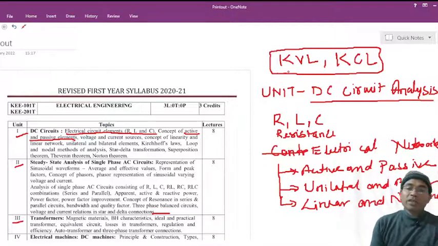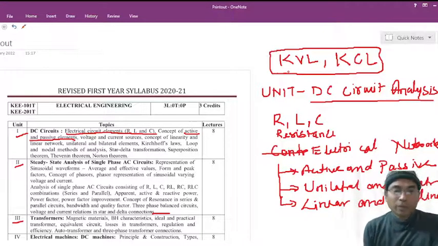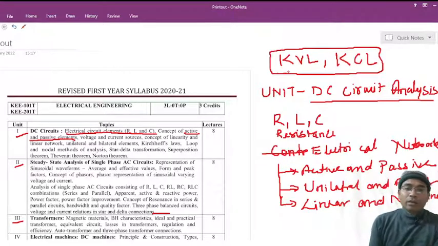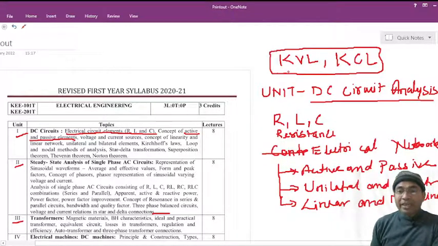So you must have a clear concept of these two principles. And then there are some techniques to apply KVL, KCL in the circuit, which will be discussed here, like the loop and nodal method of analysis.